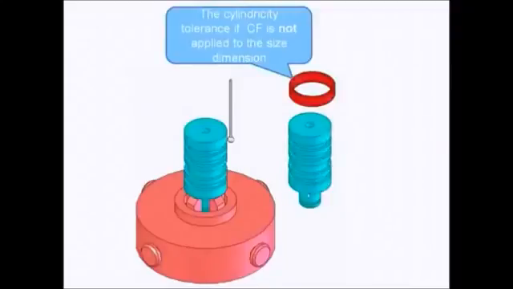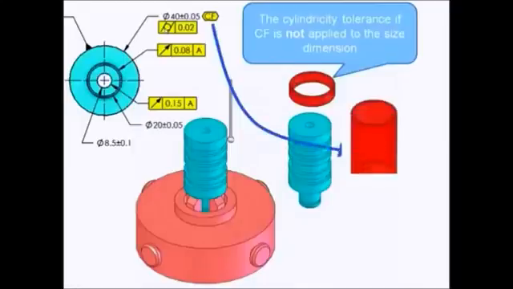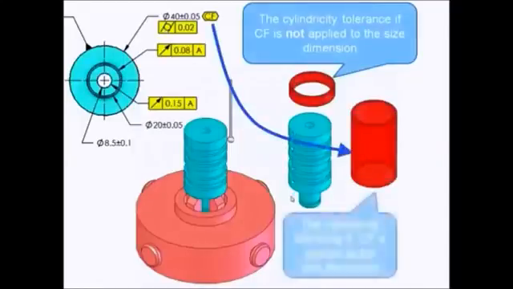In 2009, we were given the continuous feature symbol, CF. Now I can add that, and it says treat those 5 diameters as though they were one continuous feature. If I do that and add a cylindricity to this, the cylindricity zone will apply to the entire length of those 5 features.